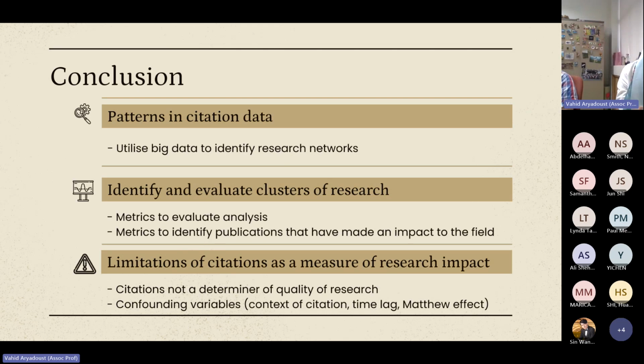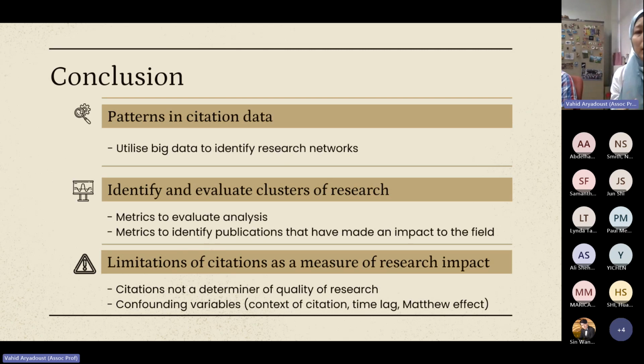So one of the things we want is to have sufficient data to identify patterns in the field so that we can cluster the networks and identify them. By identifying and evaluating these research clusters, we need to know all these metrics that we have gone through.